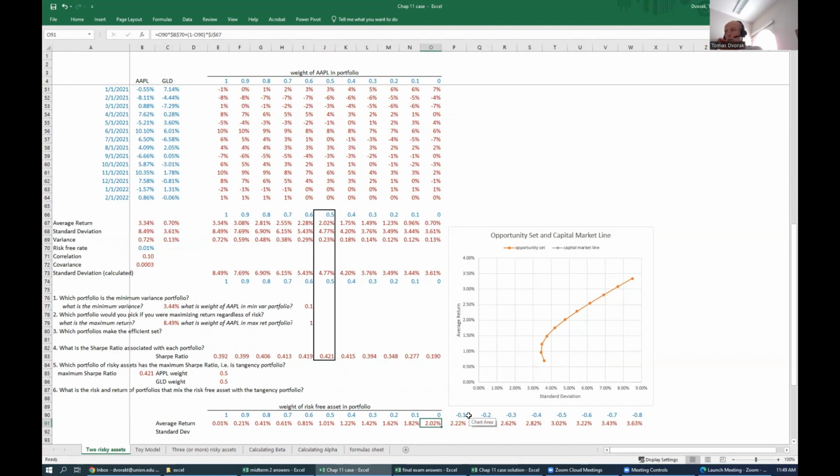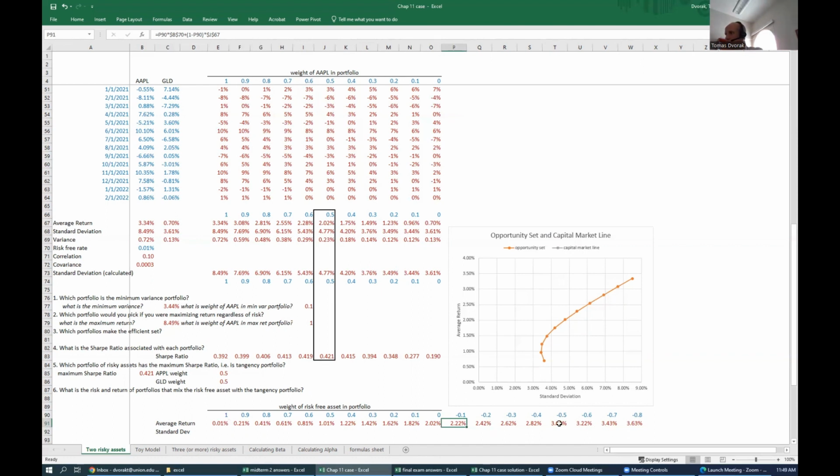Now, it turns out that we can actually do more than just have 0% of a risk-free asset. In addition, we can borrow. And if we can borrow at the risk-free rate, we can take some of that borrowed money and invest it into the tangency portfolio. And that's going to give us even higher return.